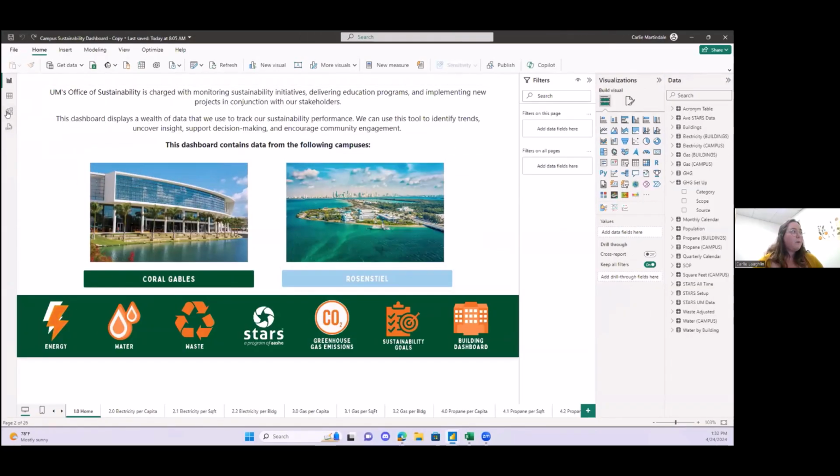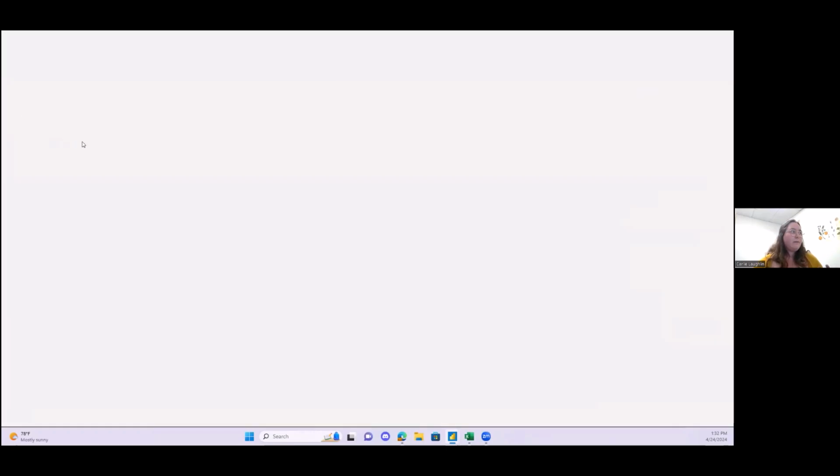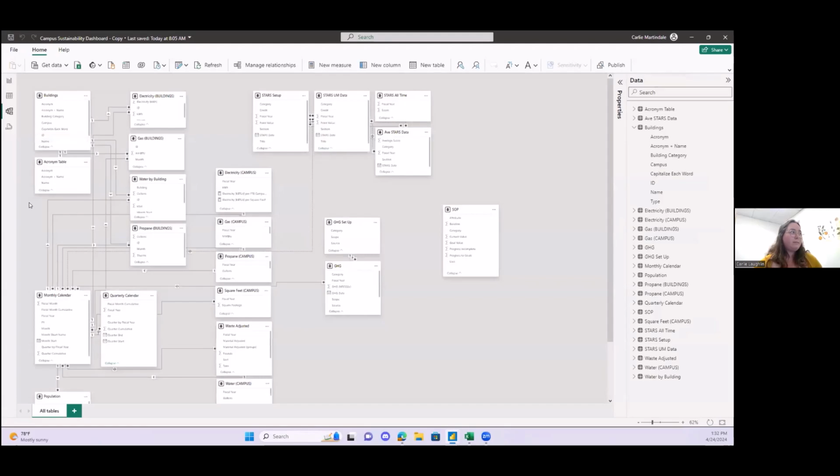This is what the dashboard ended up looking like. I have a bunch of different Excel sheets that are pumping information into this. The most fundamental parts of this were the building sheets, where I have a list of all of the buildings, their building ID, and their square footage, as well as the building category.